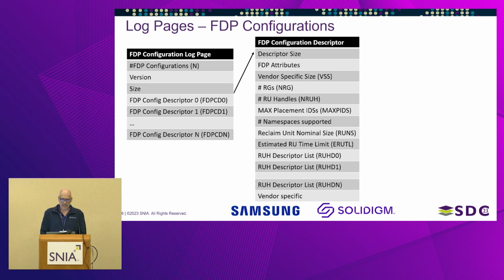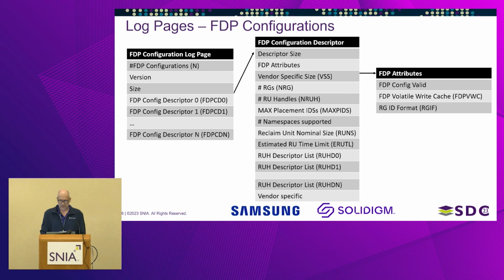And they tell me things like what the attributes are for the configuration, what the vendor specified size is, and as far as the attributes go, whether the configuration is valid or not, what the configuration of the volatile write cache is for that configuration, and what the reclaim group ID format is.